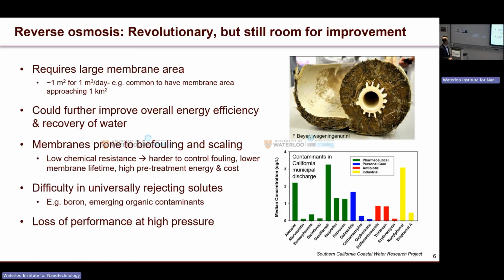And many of these solutes cannot be effectively removed with reverse osmosis membranes. So that presents a challenge for recycling. And if you want to go to high pressure to account for very high osmotic pressure feeds, then many of these membranes cannot operate. So this is an example of specific challenges specific to reverse osmosis.